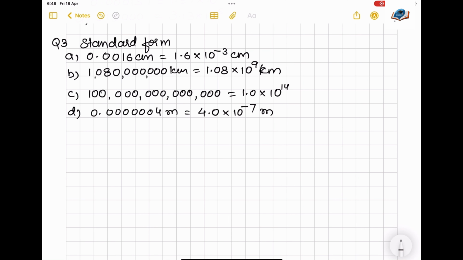Then E one is thickness of red blood cell is 0.000007 meter. So that will be 7.0 into 10 raised to minus, and unit will be meter. So 1, 2, 3, 4, 5, 6.